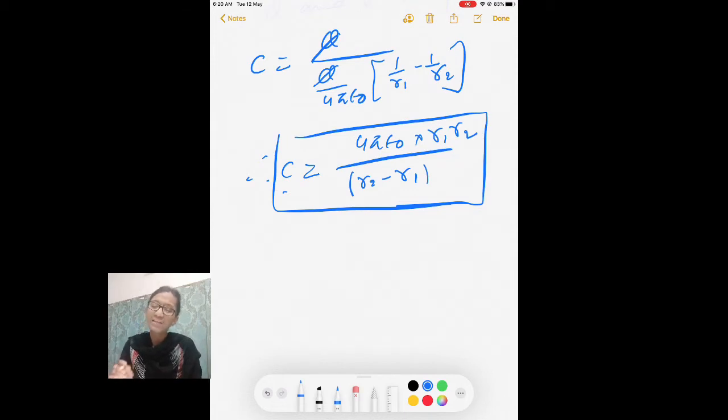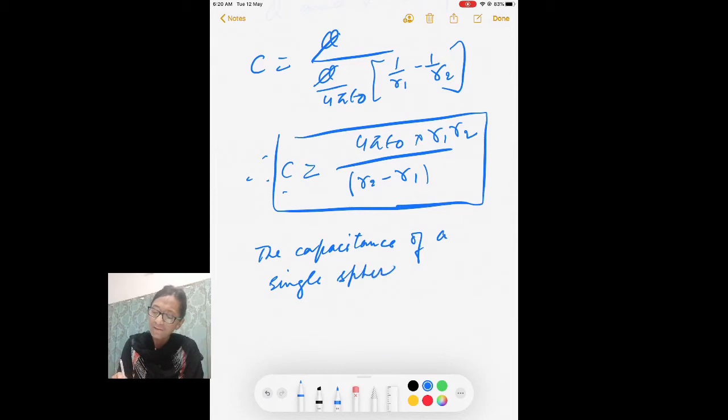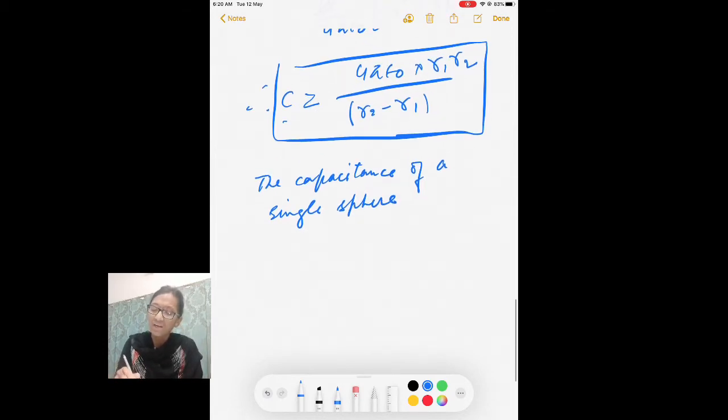So for such a single sphere, the capacitance of a single sphere, here you will take R2 as infinity and R1 as R.